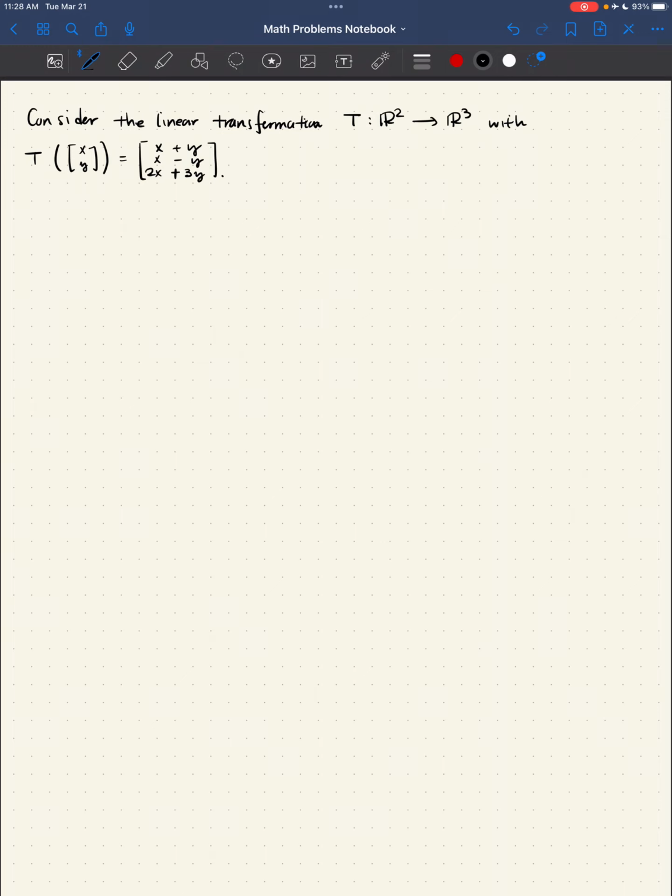If we just inspect the element that we have here, note that we may represent x plus y, x minus y, 2x plus 3y simply as the matrix 1, 1, 1, negative 1, 2, 3 times the vector xy, right?